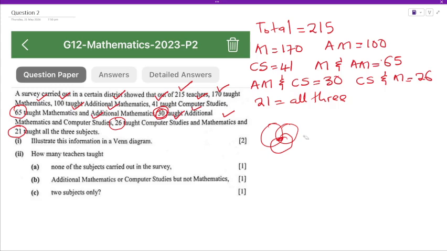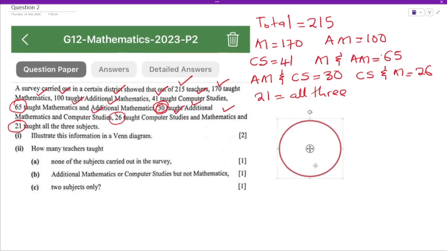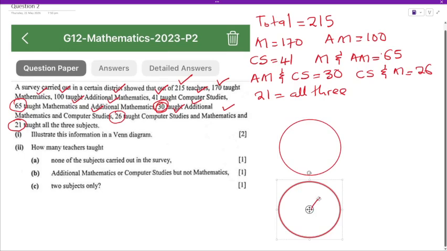So let us go ahead and draw our circles. Then we can plug them into our Venn diagram. Let me just grab my circles from here. So let's have our first circle here. Okay, I think that's big enough. Let me copy paste.